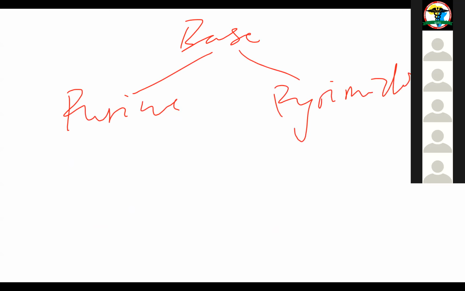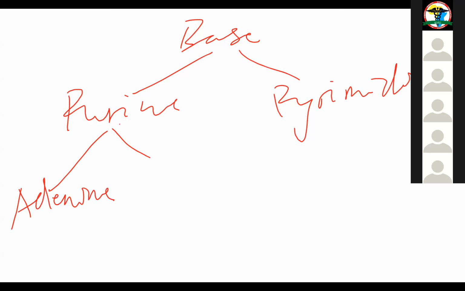So those are the 2 types of base we have, the purines or the pyrimidines. Purine has 2 members, which are what? What are the 2 members of purine? Adenine and thymine.